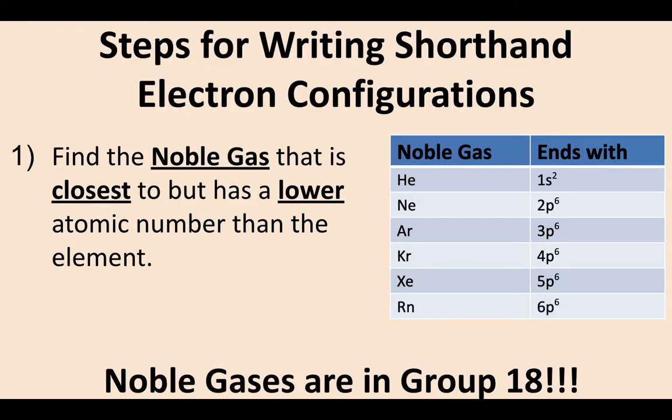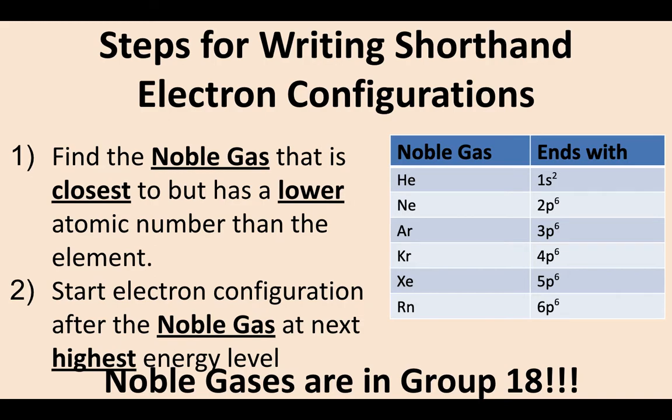All right, so that's our first step. The next step is you're going to start the electron configuration after the noble gas at the next highest energy level. So helium ends in 1s2, neon ends in 2p6, argon ends in 3p6, krypton ends in 4p6, xenon ends in 5p6, and radon ends in 6p6. So what does this mean?